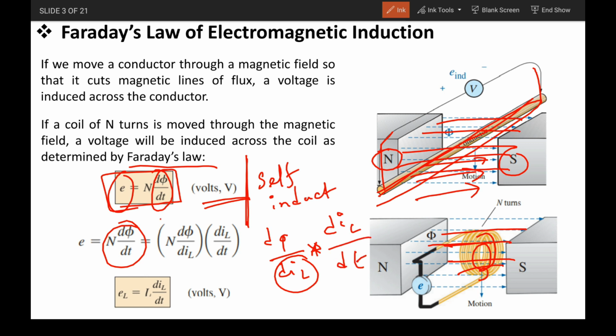Now this portion, N d phi over d I_L, in our previous slide we mentioned is L, the self inductance. So E_L equals L d I_L over dt. This is the induced voltage due to the inductance, more specifically due to self inductance.